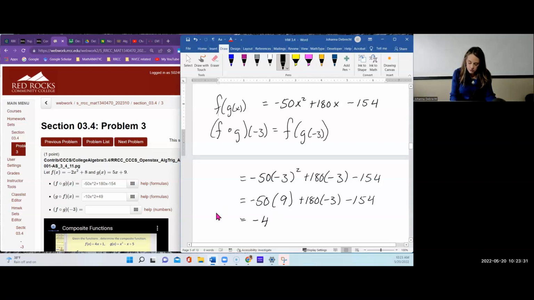So we get -450. 180 times -3 is like 3 times 18 with a 0 at the end. 3 times 18 is 54. So this gives us a -540. For the next term, we have -154.